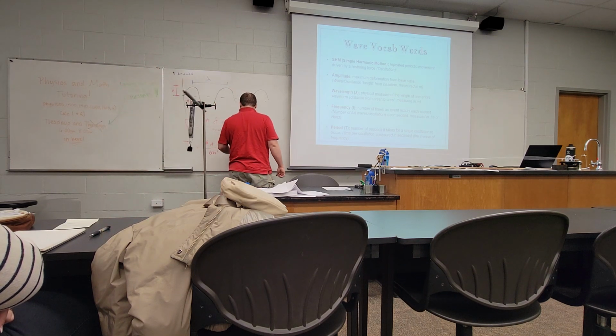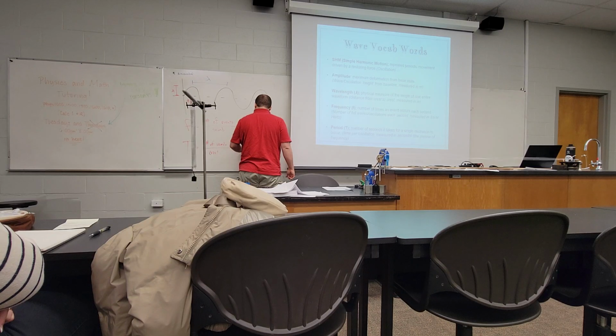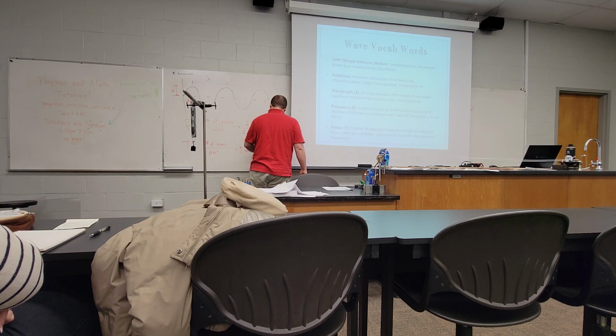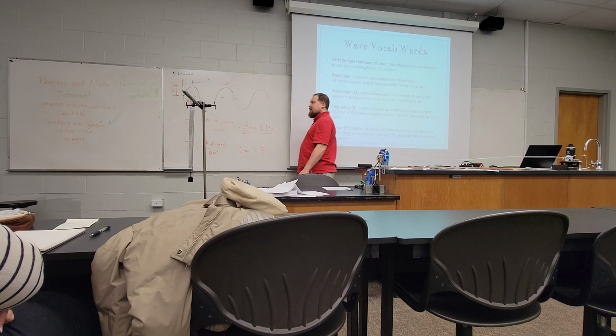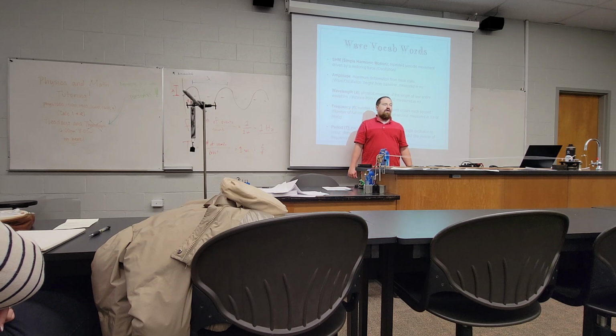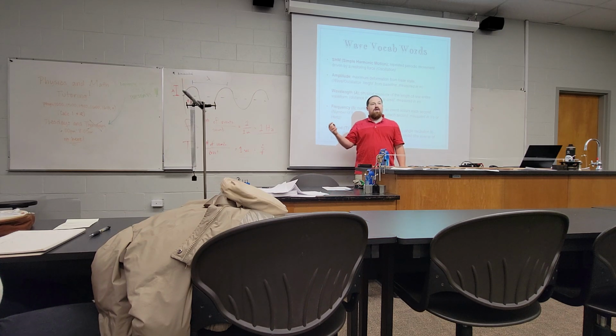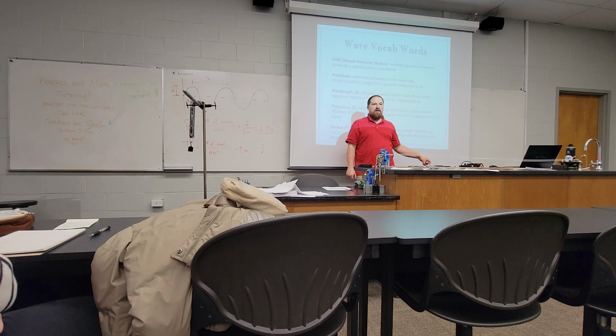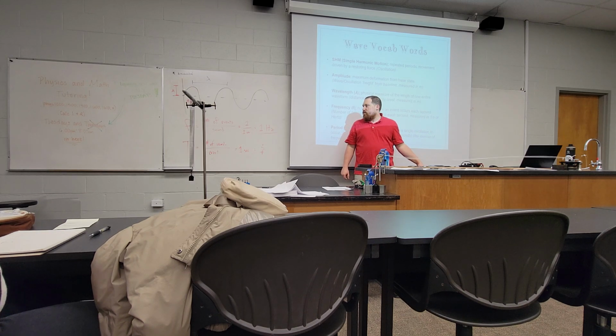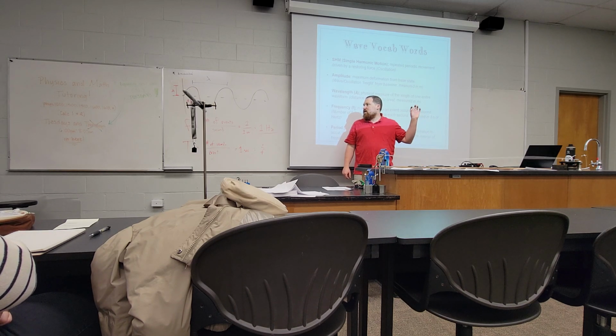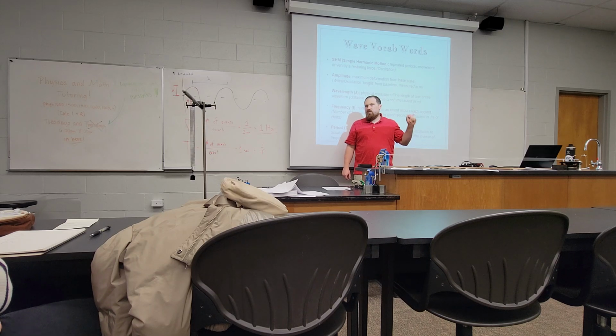And since this is seconds per event, it is measured in units of seconds. And it is literally the inverse of frequency. Frequency is events per second, period is seconds per event, sorry, I got that backwards. They're literal inverses. If you have one, you can flip it over and get the other.